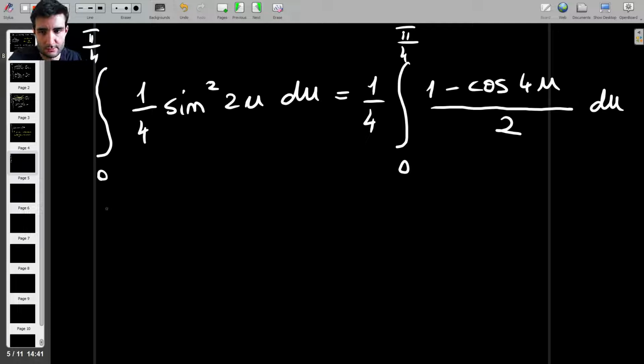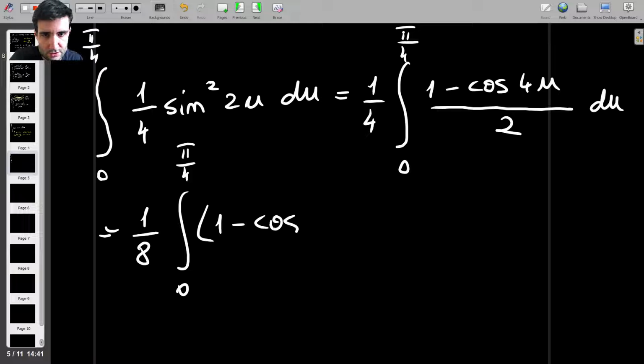So this becomes 1 over 8 if we combine the 1 over 4 and the 1 over 2, and this is the integral of 1 minus cosine 4u du. We're almost done. This is one of those direct integrals that you can solve using any integration table.